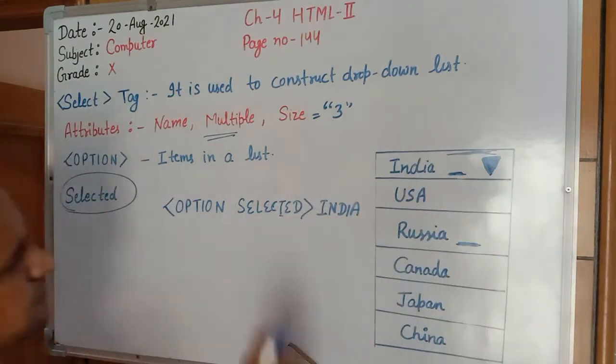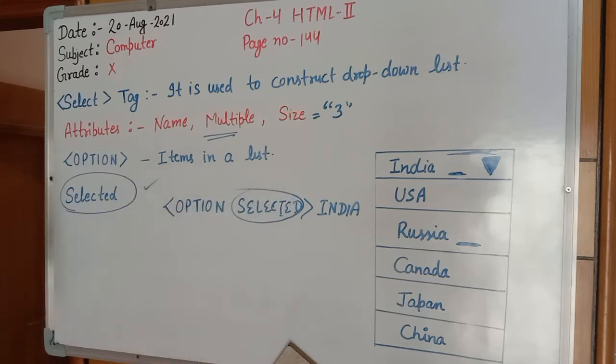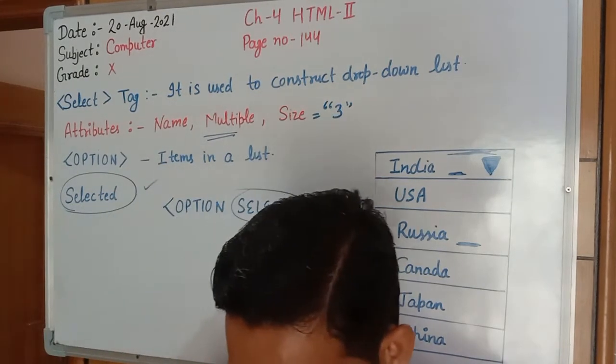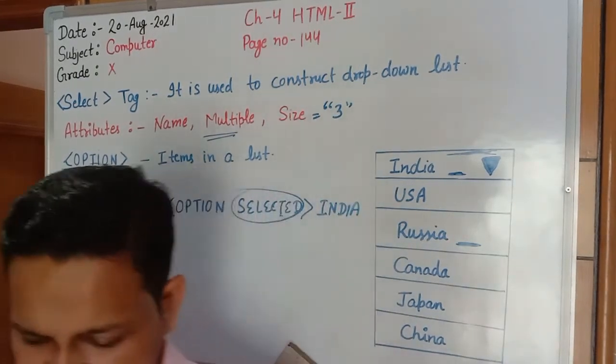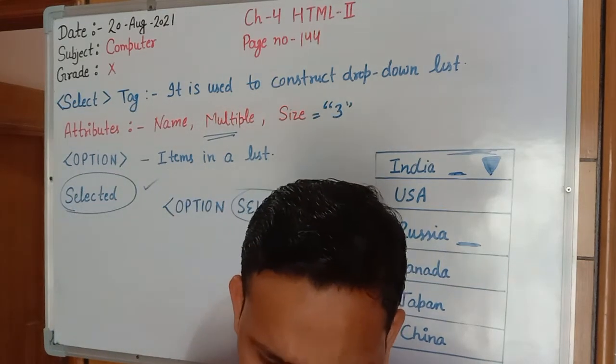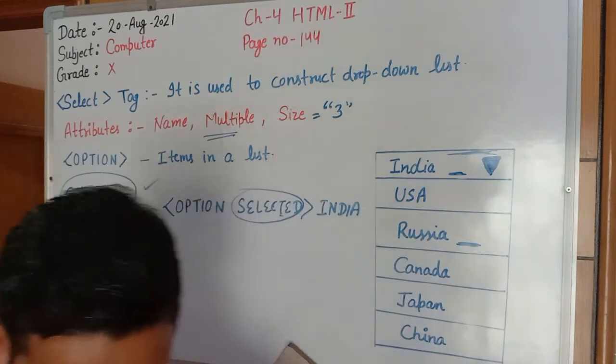We need not select this part. If the selected property is used, this is the job of selected. Now as per your program, option selected India is already selected. Next they have written option US, option Russia, option Canada, option Japan and option China. No one is selected excluding India.